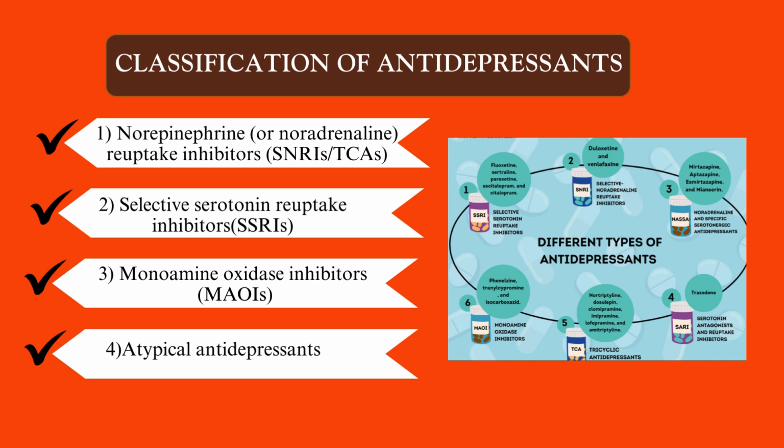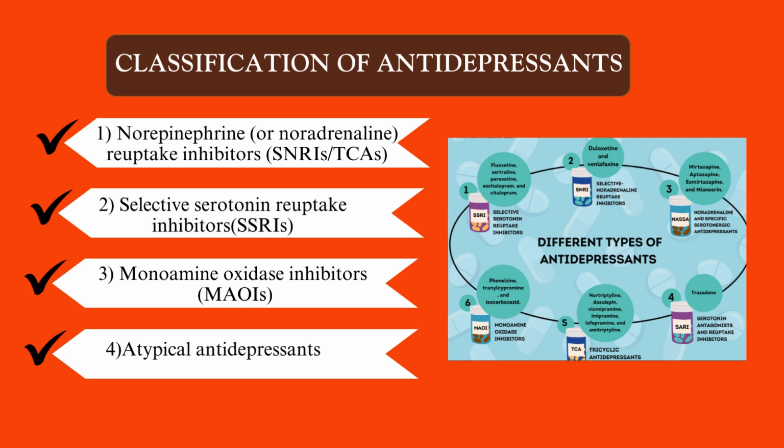Norepinephrine or noradrenaline reuptake inhibitors function to inhibit the reabsorption of norepinephrine back into the neuron, while selective serotonin reuptake inhibitors function to inhibit the reabsorption of serotonin back into the neuron. Monoamine oxidase inhibitors inhibit the monoamine oxidase enzyme in our body and thus prevent the breaking down of neurotransmitters in the body.